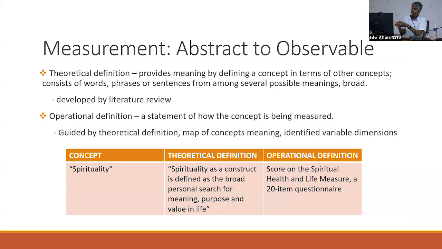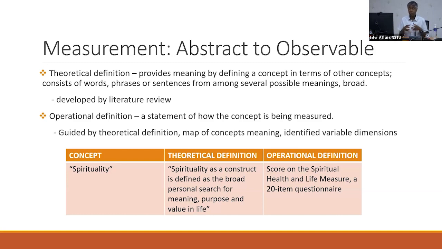Then we move from a theoretical definition to an operational definition. It moves us from that abstract idea of hope, or in this case spirituality, to something very measurable, that consistently and accurately measures our concept of spirituality.